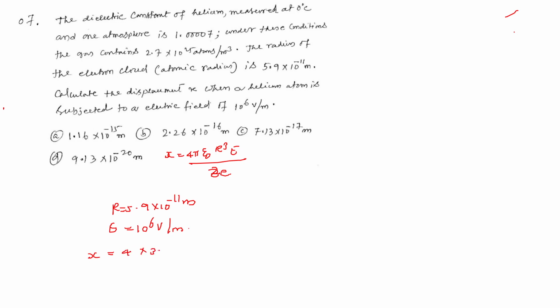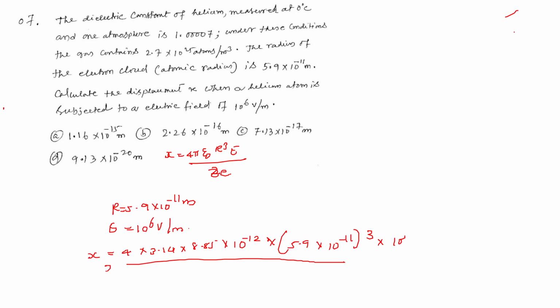So 4 into 3.14 into 8.85 into 10 to the power minus 12 into 5.9 times 10 to the power minus 11 whole cube times 10 to the power 6, divided by Z value, that is 2, into 1.6 into 10 to the power minus 19. So that is the electronic charge. Okay, so apply all these values there and let me know what answer you are getting. This is just a direct formula you have to remember, but this formula is very important.